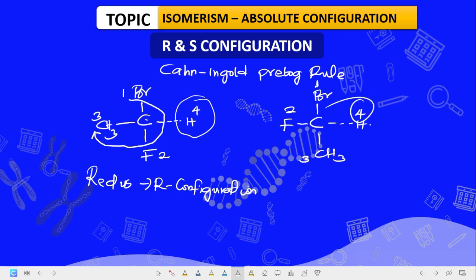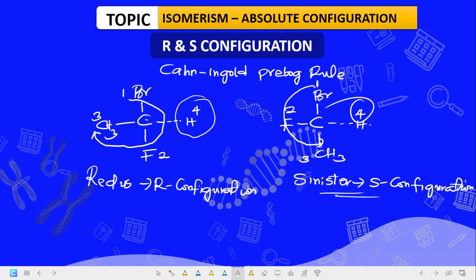So if you want to draw the arrow from 1 to 2 to 3, it becomes 1, 2, 3. Now, what direction is this? Is it clockwise or anti-clockwise? Now, this is anti-clockwise direction. When it's the anti-clockwise direction, you call it sinister or S configuration.